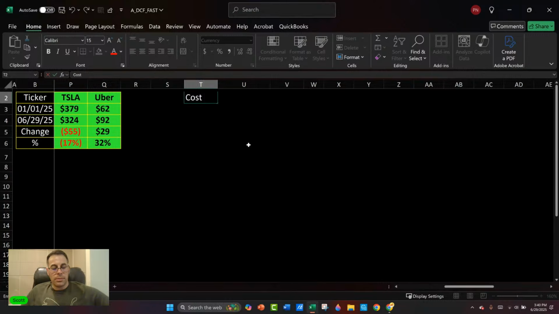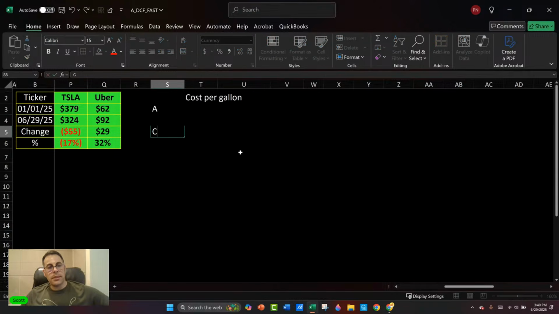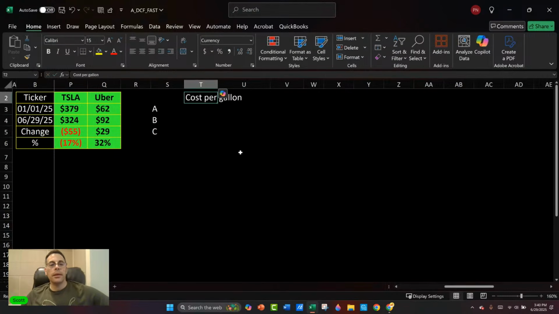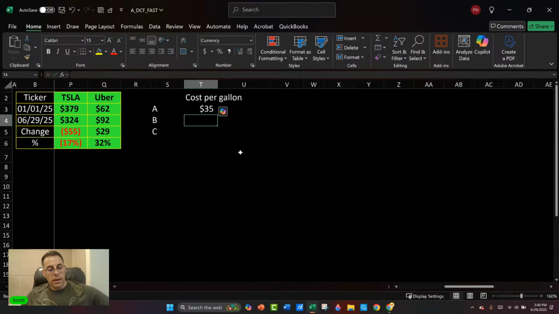Cost per gallon. So a company may have different ways they extract oil. Maybe 3 different ways, and a cost per gallon could be like 35, 45, and 55.